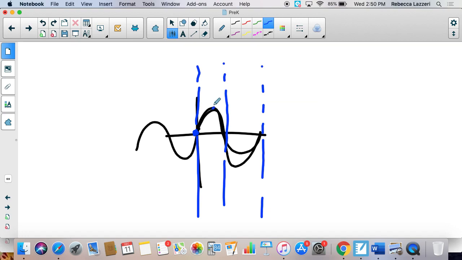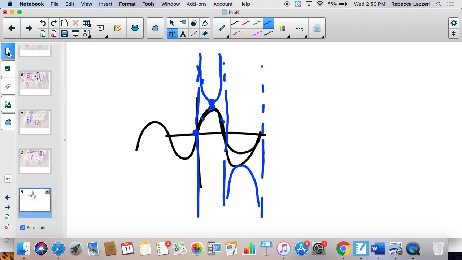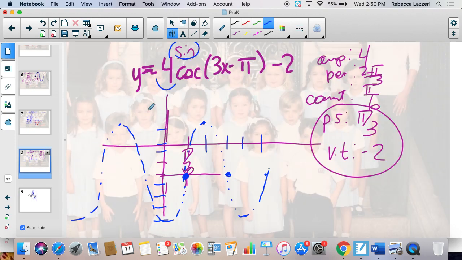What's the reciprocal of 1? 1. What's the reciprocal of 1/2? 2. So do you see how these little U shapes meet right there? They flip over because while one's getting smaller, what will its reciprocal be doing? Getting bigger, okay?